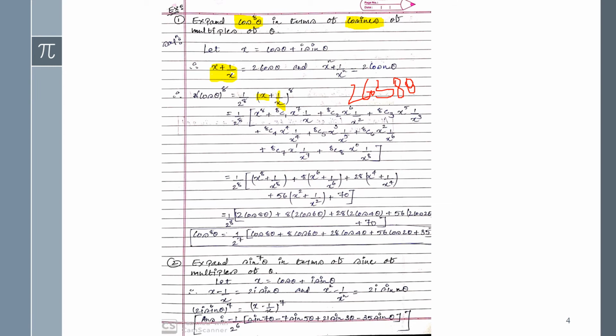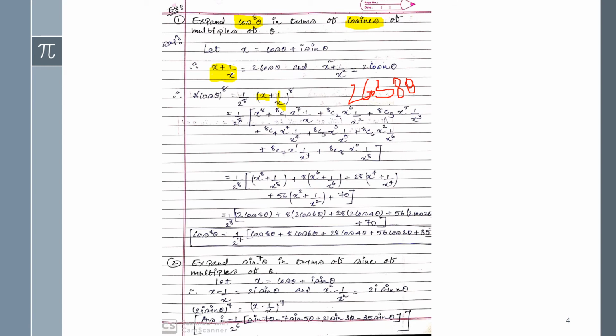Now then after that, the power of x, the first term, will be decreased, and the power of b, the power of 1 upon x, will be increased one by one.